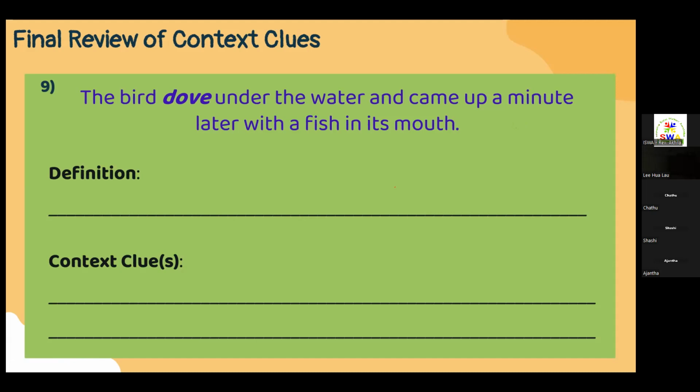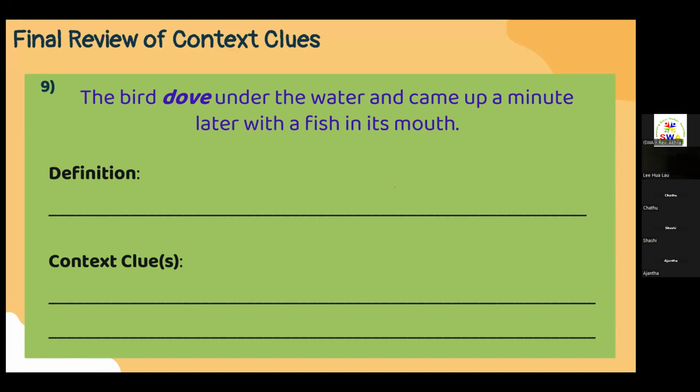Vendama, that's correct. Okay. So how do you know that it's going into the deep water? It said under the water and came up. Okay. And what kind of context clue is being used here? Under the water and came up. It's also illustration.